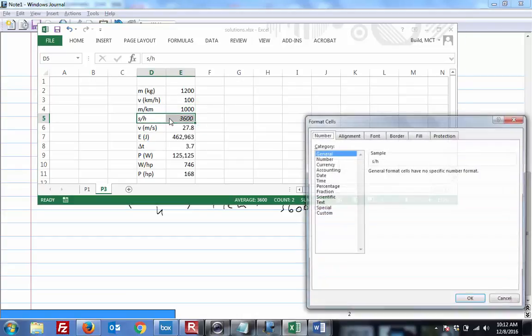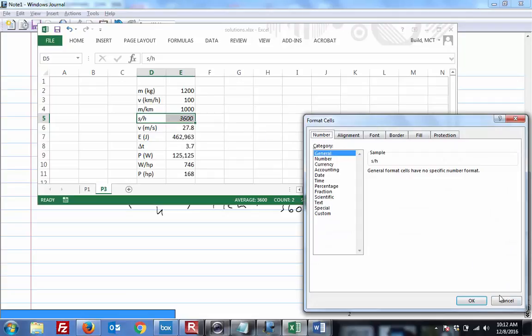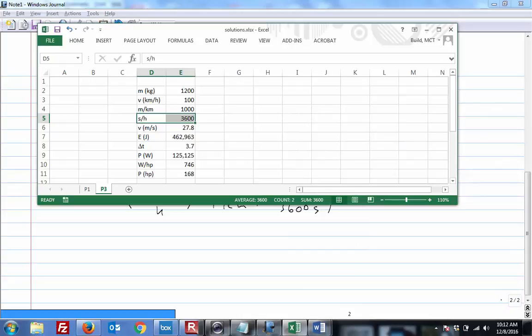And we know that there are 3,600 seconds in an hour. So our first little conversion here was to take the 100 kilometers per hour.